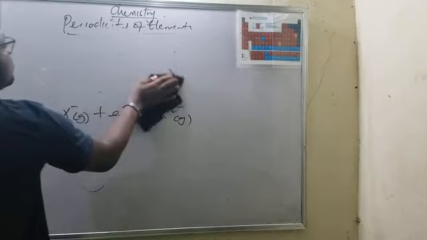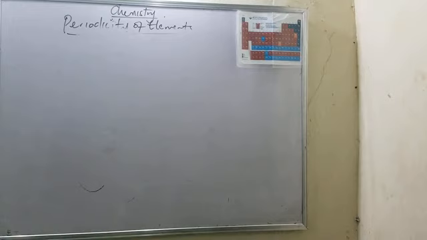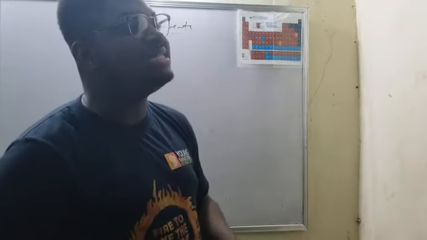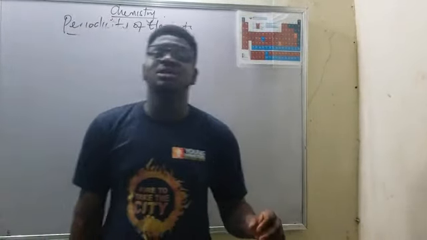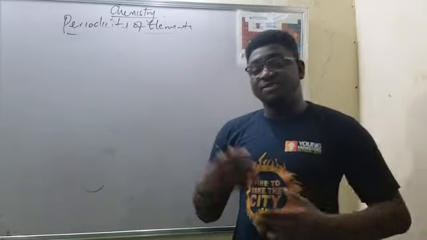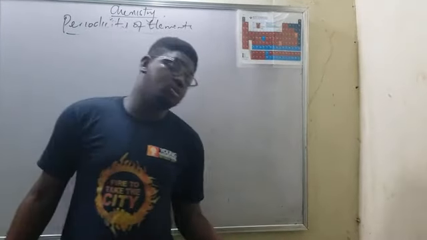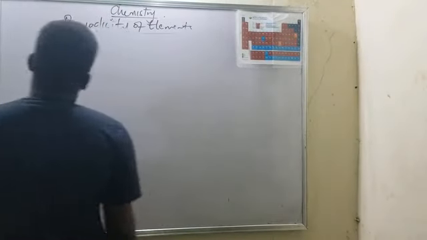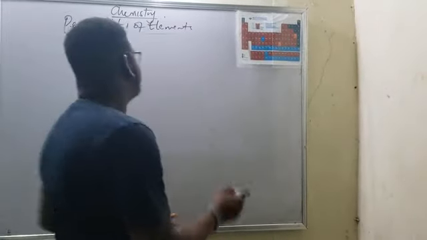So the next one we'll be going to is the last aspect, which is known as electronegativity. Electronegativity is the measure, the tendency, or the ability for an atom to attract electrons to itself. If we have been following from the other periodicity, you realize that at this point we have less work to do, because the trend for electronegativity is that it increases across the period and decreases down the group.